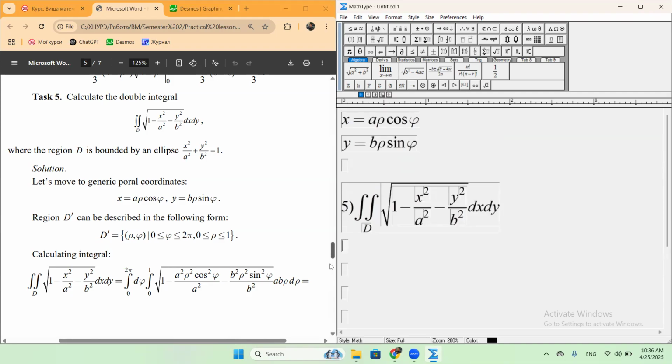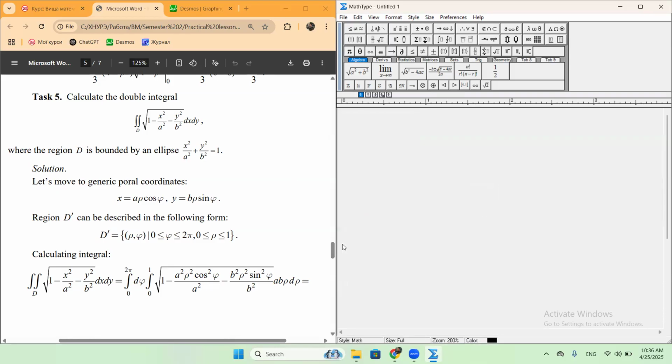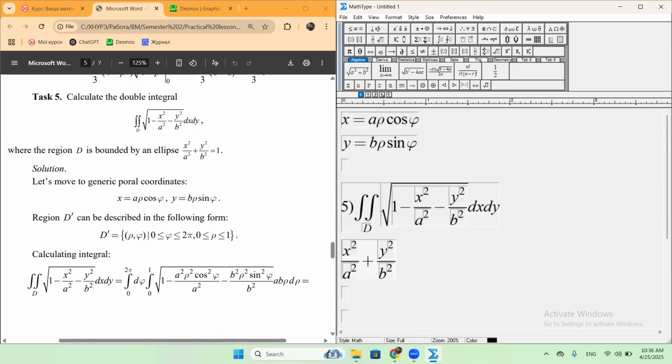Now we can already write down the limits of integration. It is the ellipse, so let's write down the equation of the ellipse: x square over a square plus y square over b square equals 1.